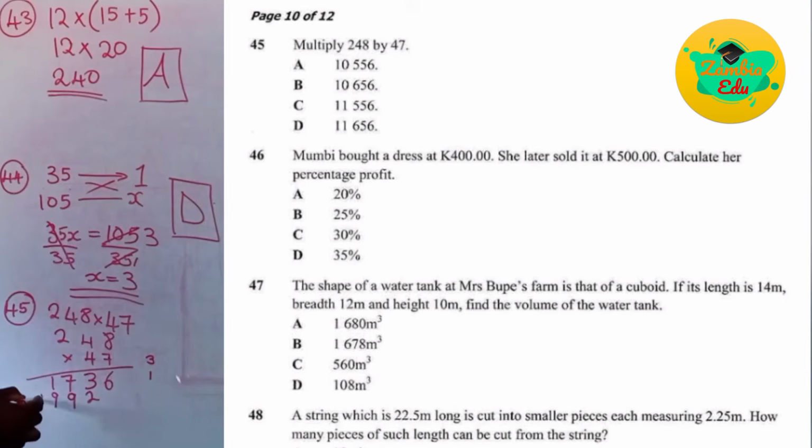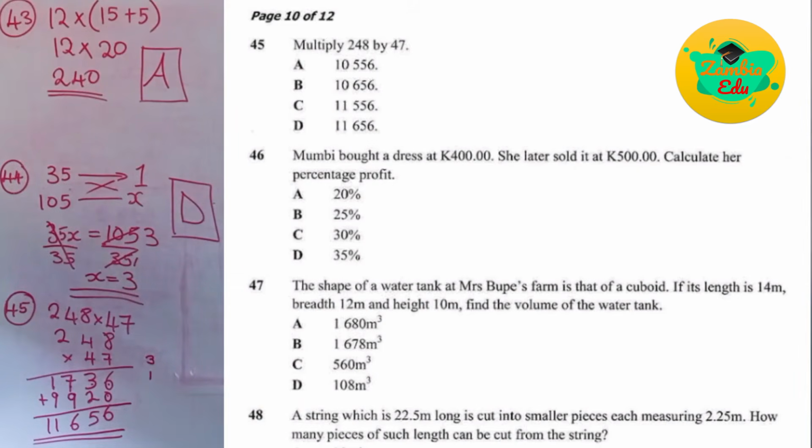And since we finished, we add, then put a 0 there as a placeholder. 6 plus 0 is 6. 3 plus 2 is 5. 7 plus 9 is 16, so 6 carry 1. 1 plus 1 is 2, plus the remainder 1, we have that. So we have our answer being 11,656.